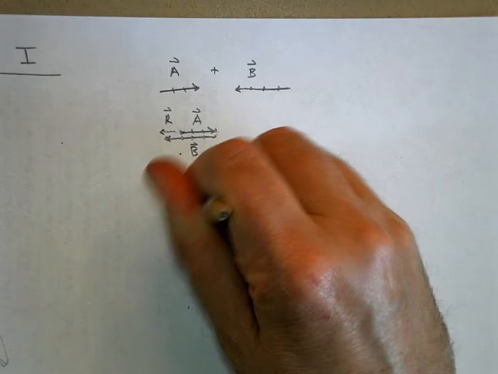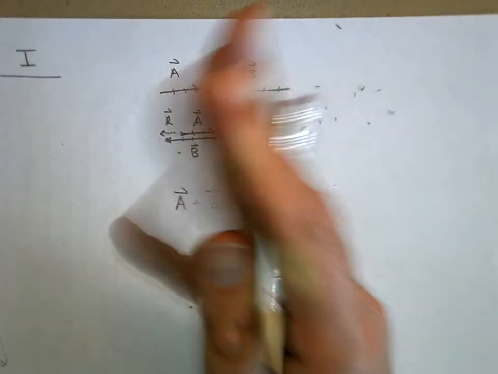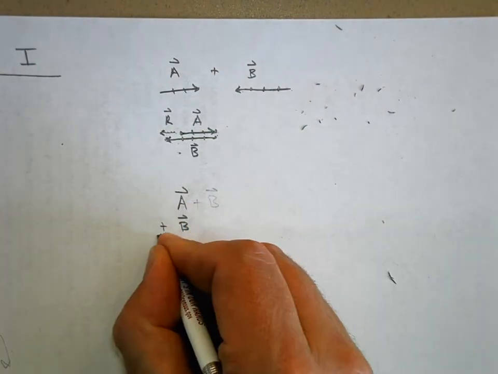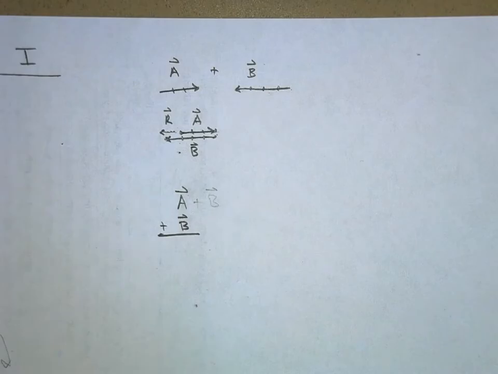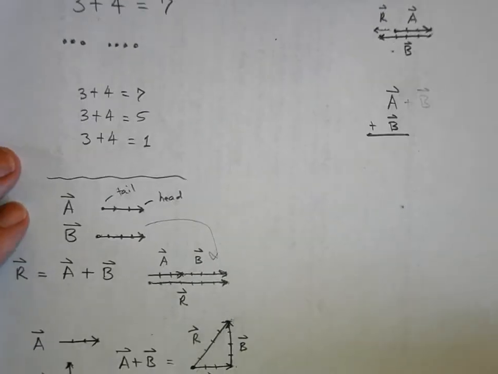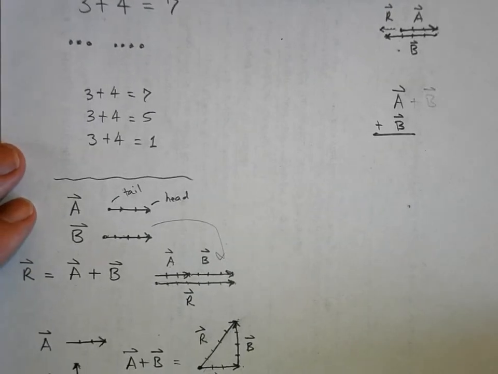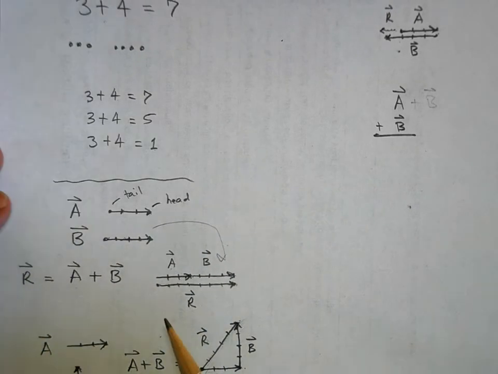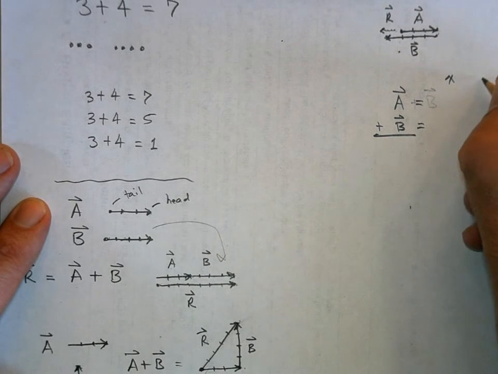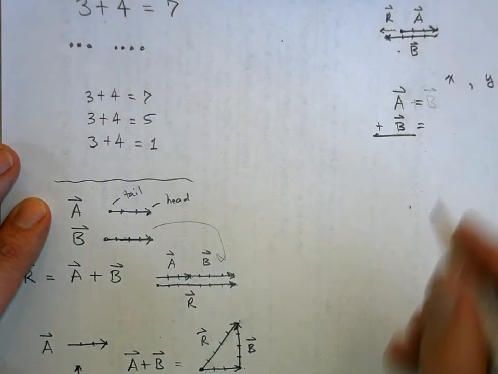So if I take A plus B for our first example, when I do this mathematically, I don't write it like this. I go A plus B. I line it up in columns like this because it makes it a little bit easier to solve the problem. Now let's take a look at vector A and vector B. What I do now is I write down the 2 vectors in rectangular coordinates with the x coordinate first and the y coordinate second.